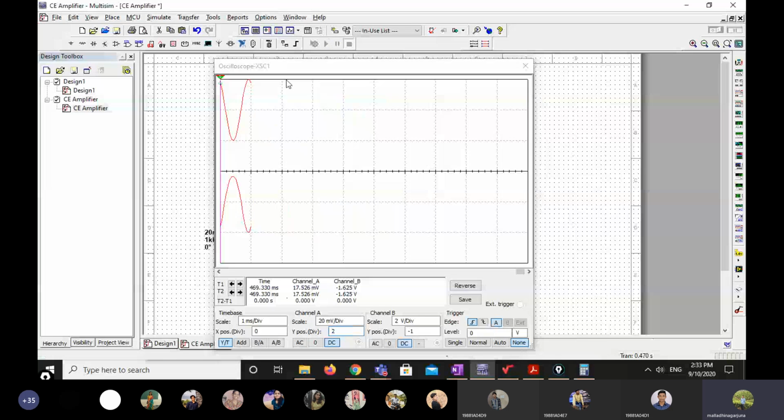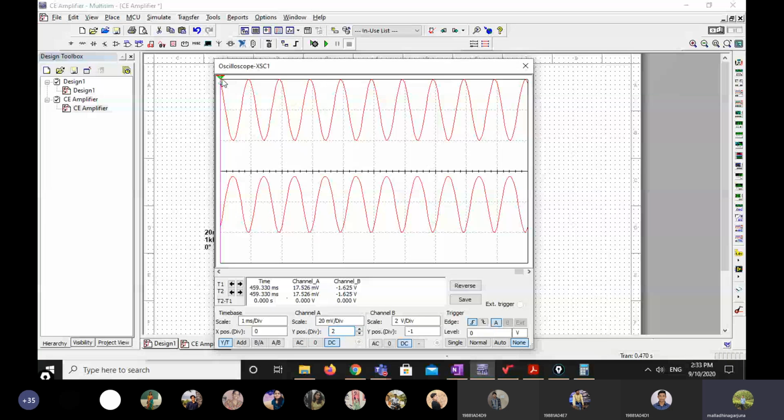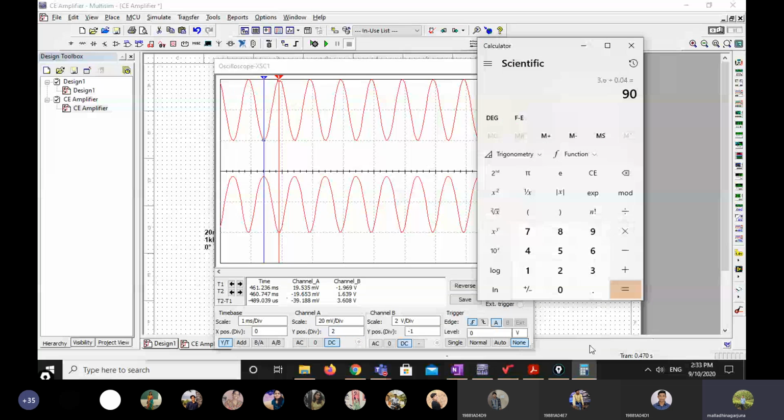This is 3.6 volts. You see, this is 3.6 volts here. If you take 3.6 divided by 0.04, that is 90. So clear.